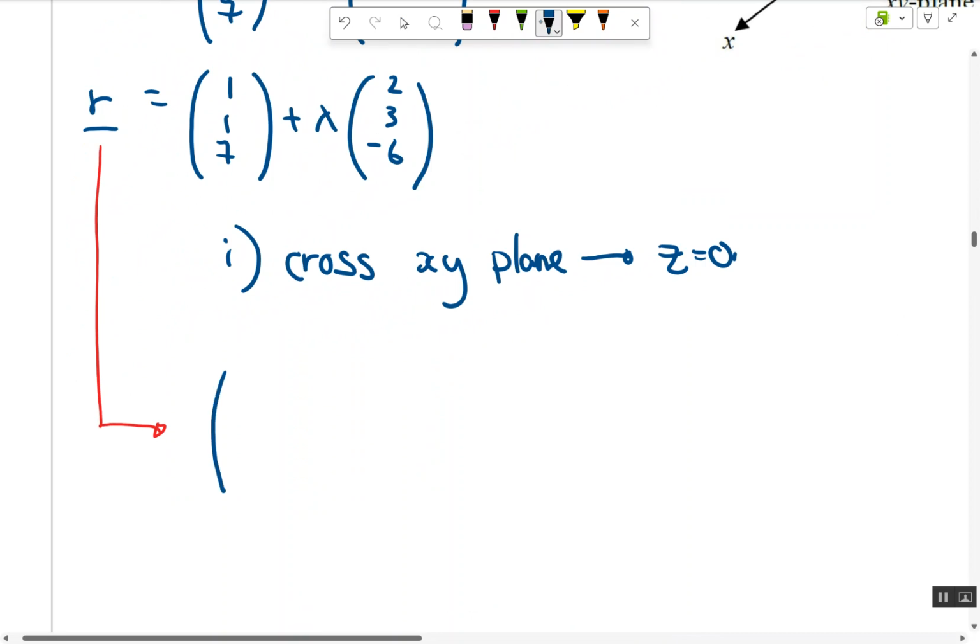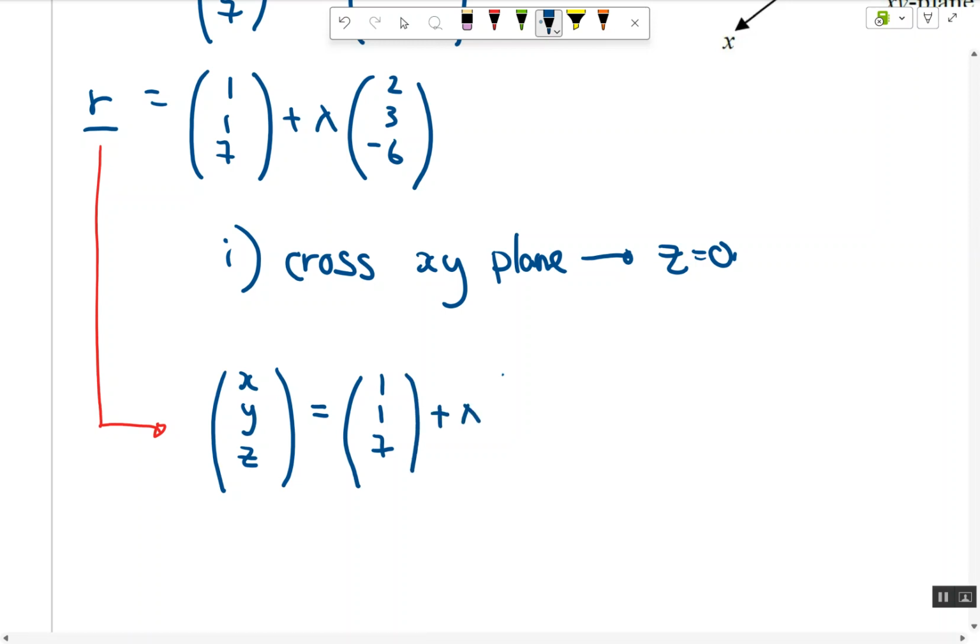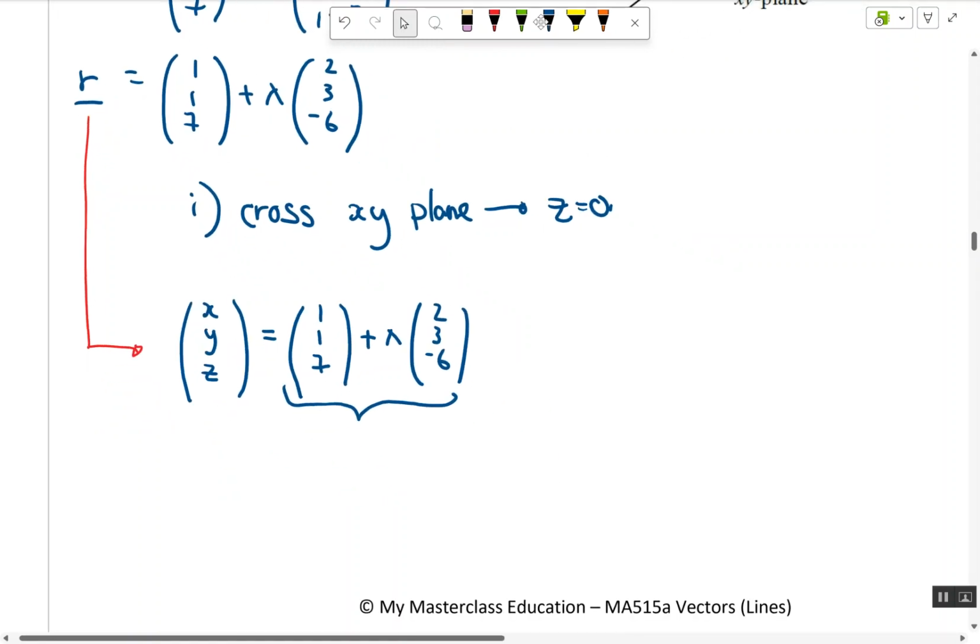So r, meaning x, y, z, equals (1, 1, 7) plus lambda (2, 3, -6). These two can combine into one bracket, which equals (1 plus 2 lambda, 1 plus 3 lambda, 7 minus 6 lambda). This is your x, y, z.